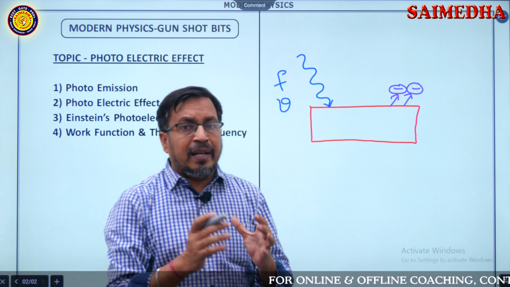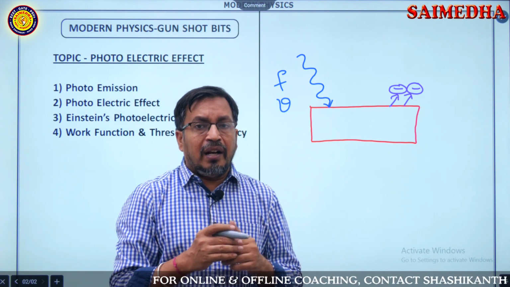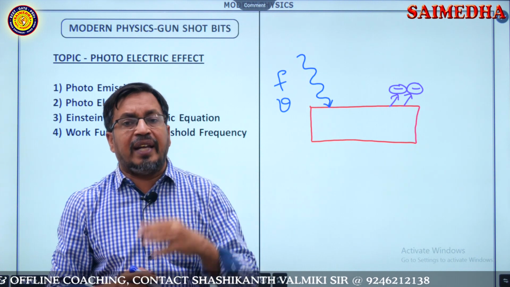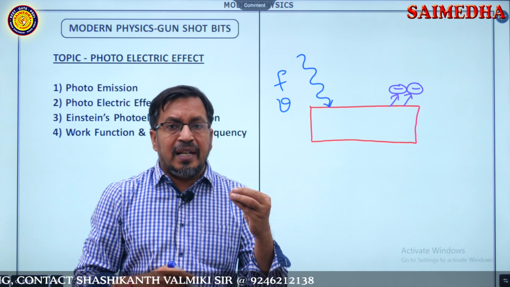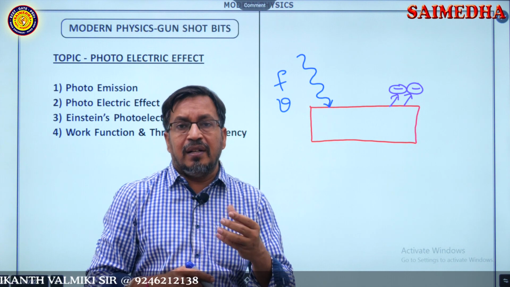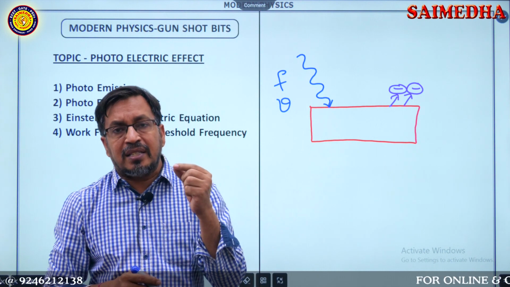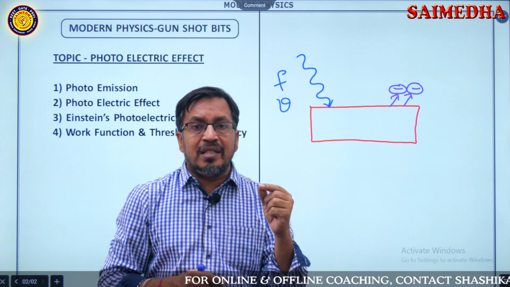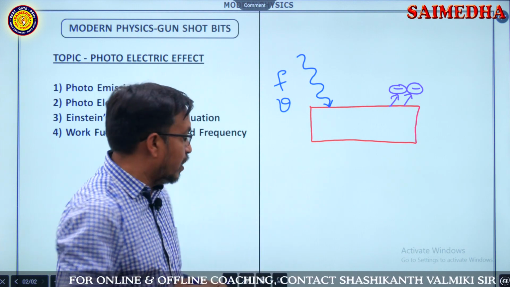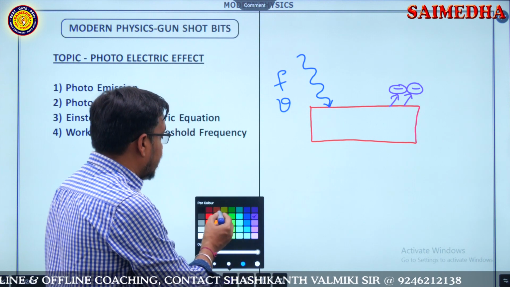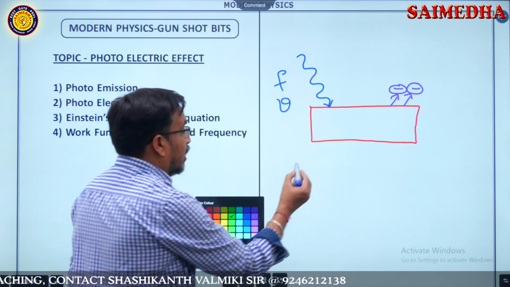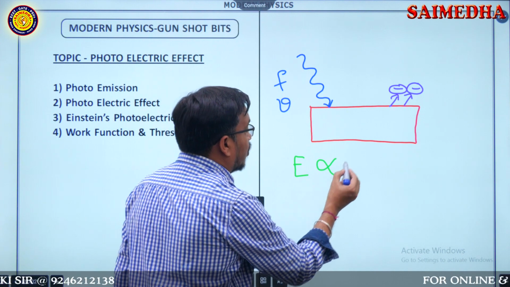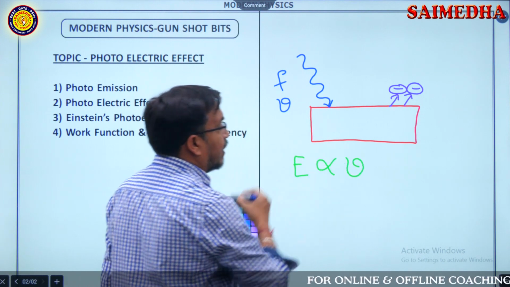Here the scientist Planck, according to his quantum theory, gave some characteristics of light. Light is a stream of particles. That stream of particles is known as photons or quanta. Photons carry energy E. This photon energy E is directly proportional to the frequency of incident light.